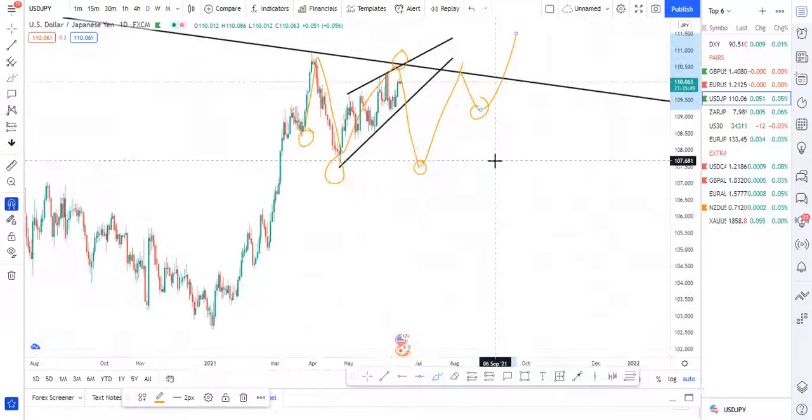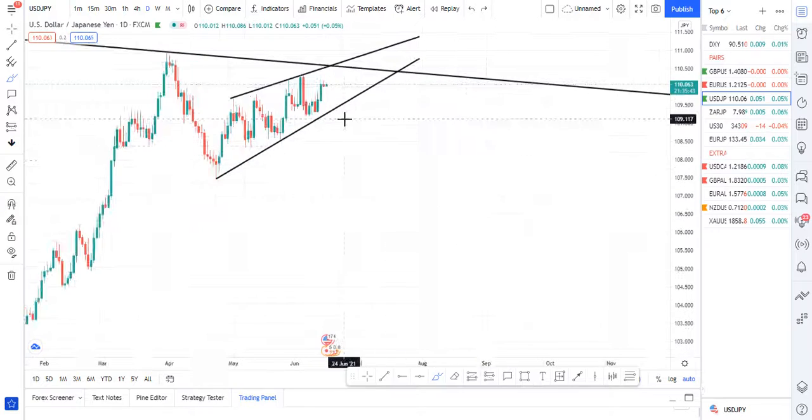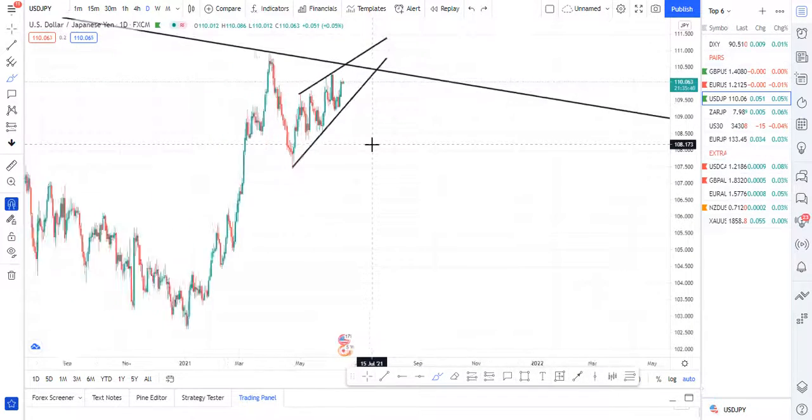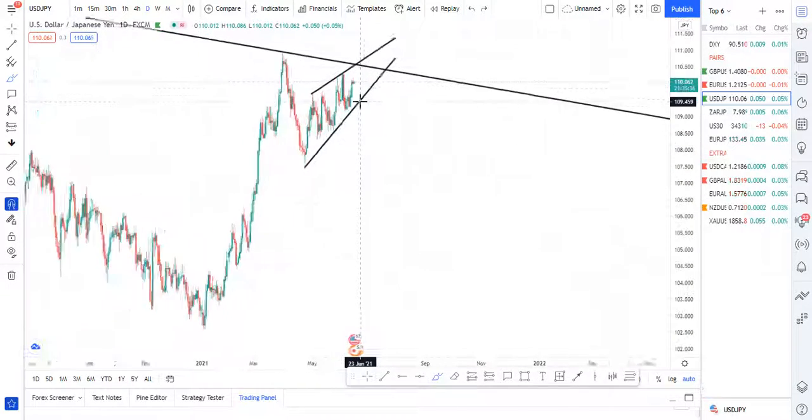So those are the possibilities we are expecting. But what we would love is for this to continue to go to the upside and break through, because we saw a potential of a stronger dollar.